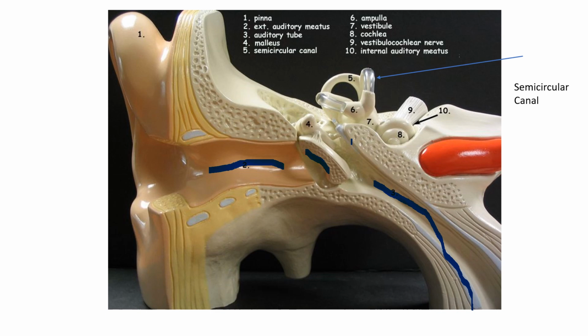We have a semicircular canal and ducts, so I need to fix this. That should not read semicircular canal, that should read semicircular duct.